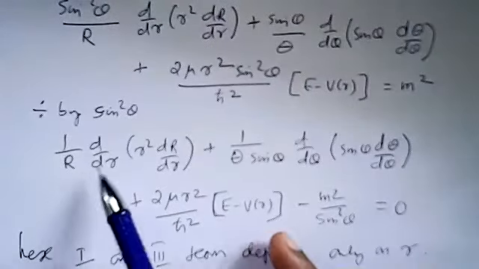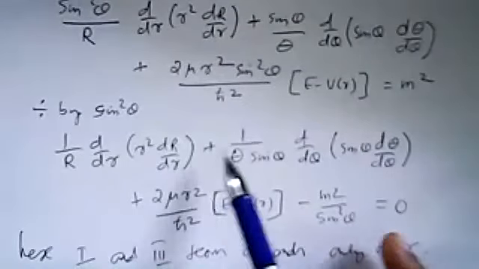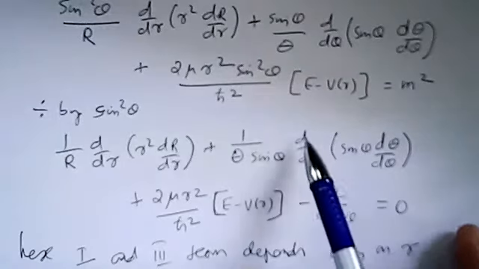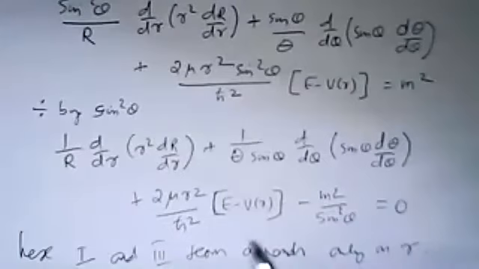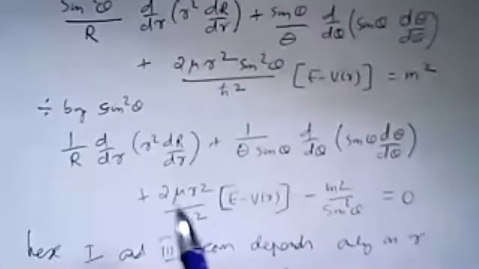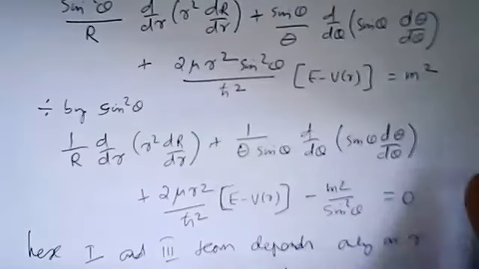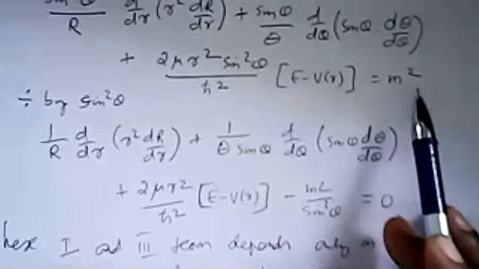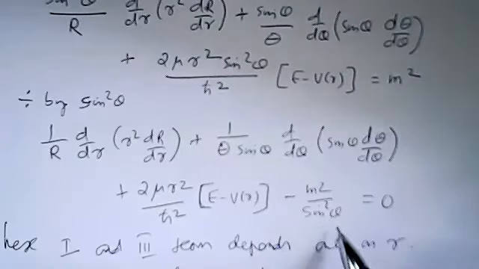So what remains is 1 by r dou by dou r square dou r by dou r, plus 1 by theta sine theta 1 dou by dou theta sine theta dou theta by dou theta, plus 2 mu r square by h cross square e minus v of r. Let this m square come to the left side, so that minus m square by sine square theta equal to 0.